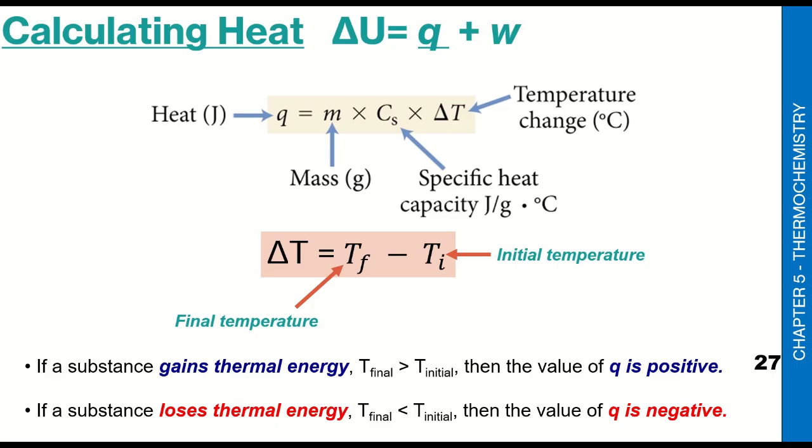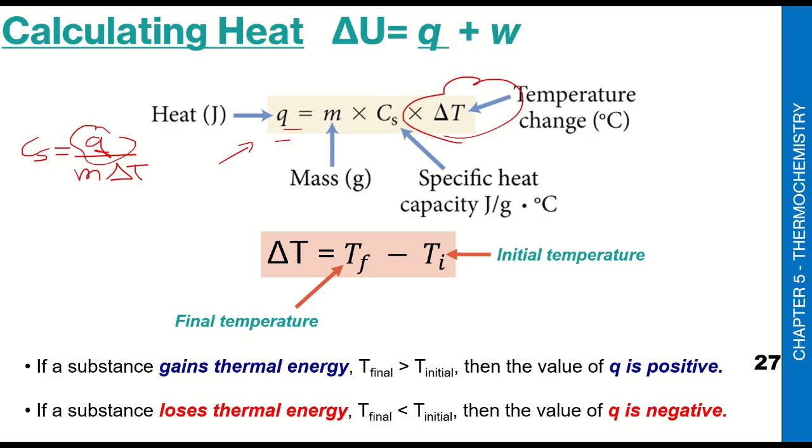Because remember, the specific heat that we use C_s to represent is the heat divided by mass times delta T. So if you isolate the heat, you can calculate the heat. If you have the specific heat capacity, you can calculate the heat. If you have the heat and the temperature change, you can calculate the mass. You can work with the formula.